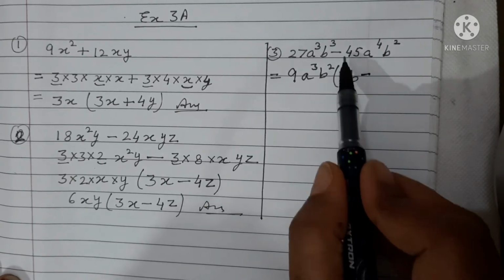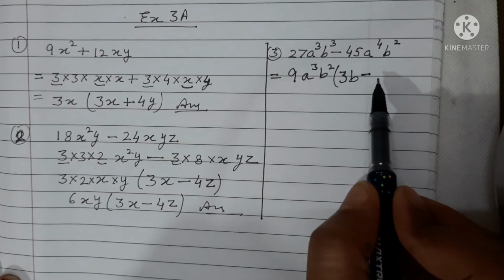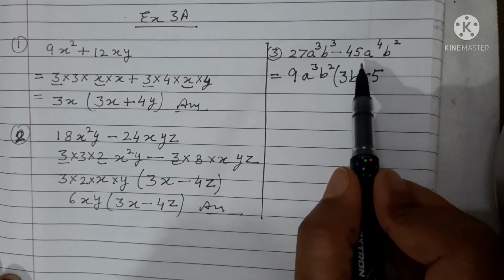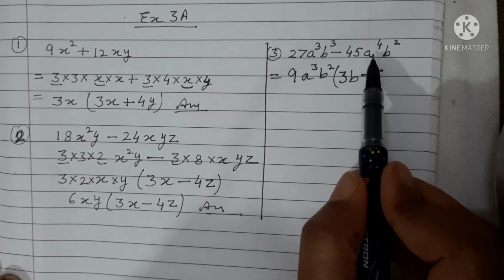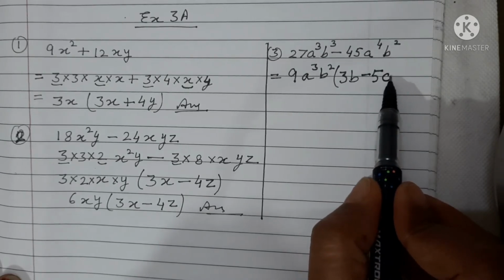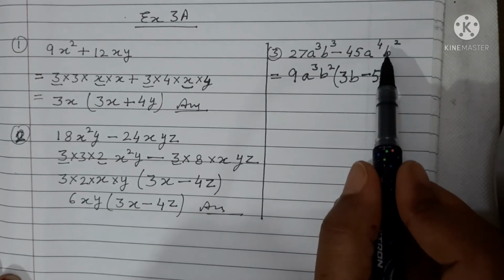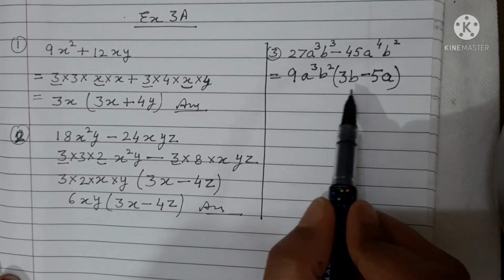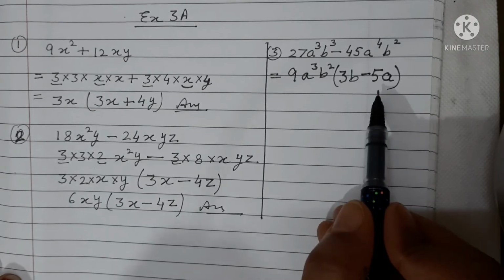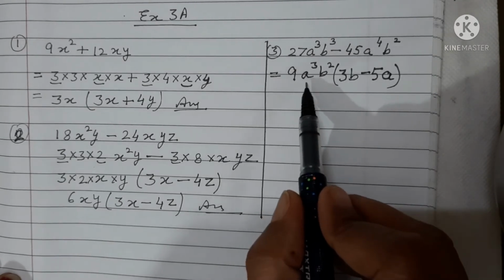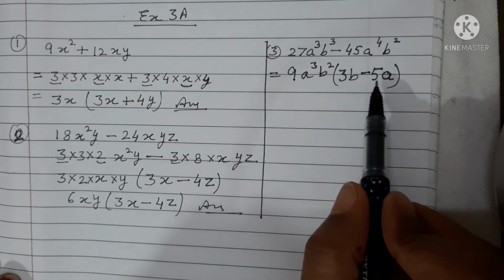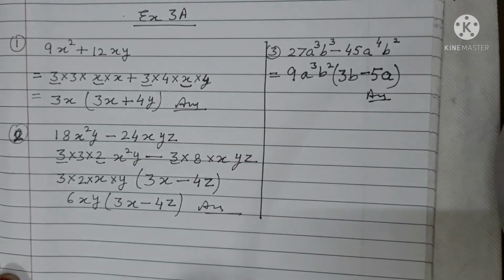Now put the minus sign, and 9 5s are 45, so write down 5 here, and a cube you have taken out, so here only a you will write, and b square is also taken out. So this is our answer. You can't factorize it further. 9a cube b square into 3b minus 5a is the answer.